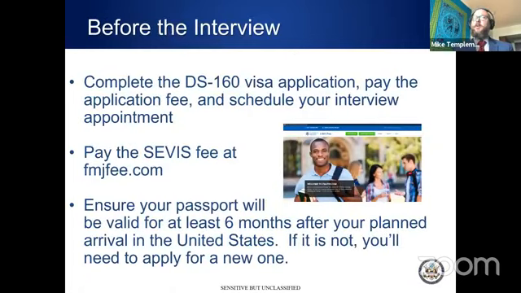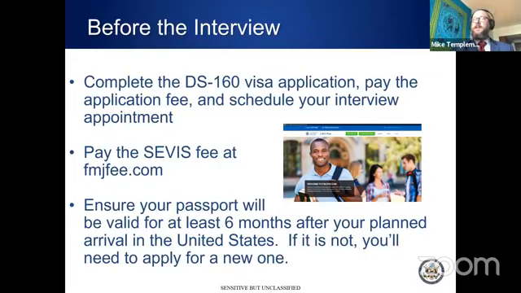Okay, so before you come in for the interview, you've got to schedule your interview appointment. You've got to complete the DS 160 form, and you are going to pay 2 fees. You're going to pay your application fee, that's for the visa fee. You're also going to pay what is known as a SEVIS fee, and there's a website for that.